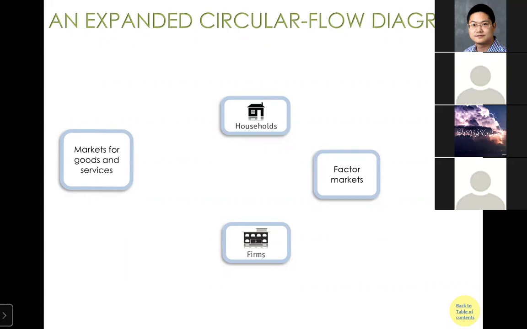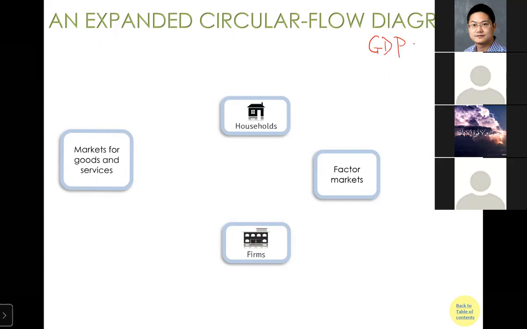All right, so let's continue our discussion. These slides summarize what we discussed on Monday. We are trying to understand how to measure the economy, right? When I say measuring the economy, basically we focus on GDP. GDP is used to measure economic activity.